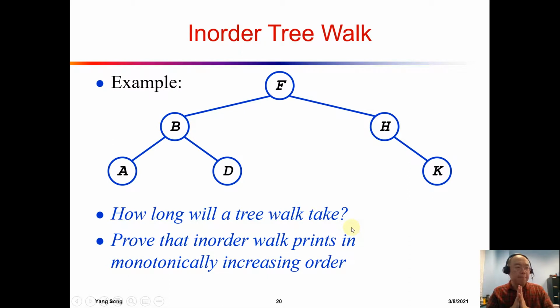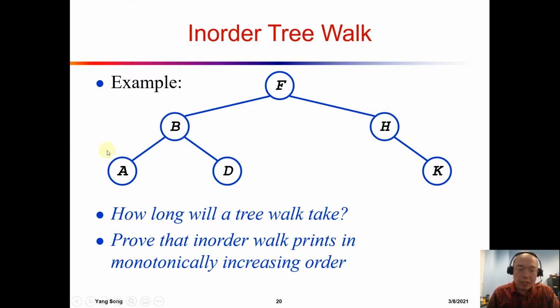Say we are visiting the B, and then there are two possible cases. If there is no left child of the B, that's one condition. And then if B has a left child, remember we talked about the property of the binary search tree.